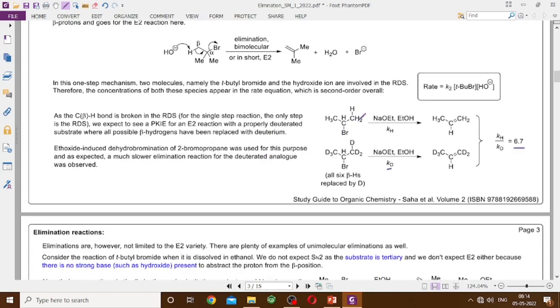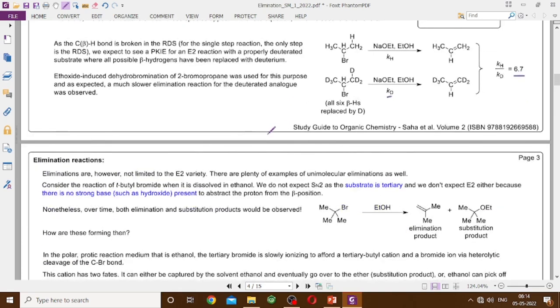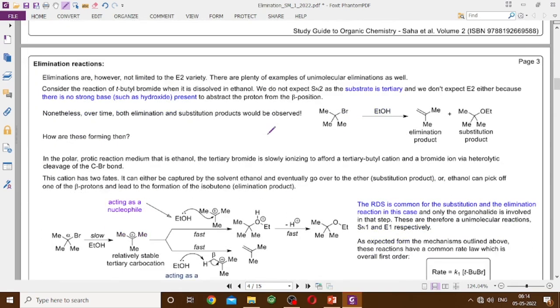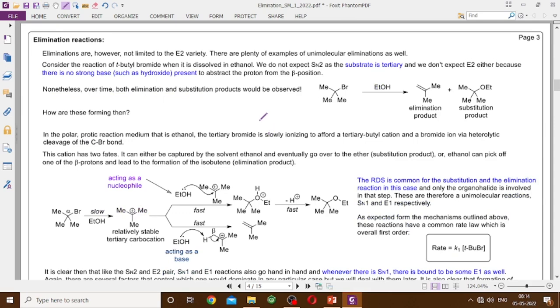So CH যখন আছে তখন রিয়াকশন মাচ ফাস্টার, CD যখন আছে তখন রিয়াকশন মাচ স্লোয়ার, বিকজ CD বন্ড ভাঙাটা CH বন্ডের থেকে ভাঙাটার থেকে কষ্টকর। Now, E2 elimination is not the only type of elimination that you will see. There is another one which is known as the E1 elimination.